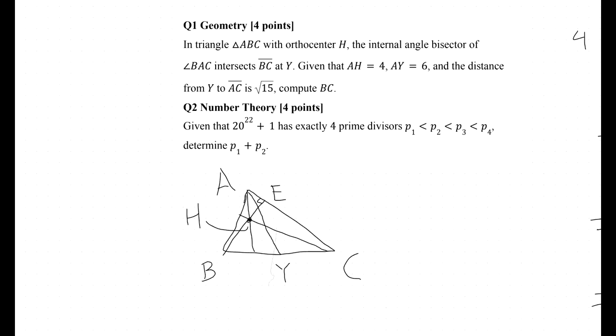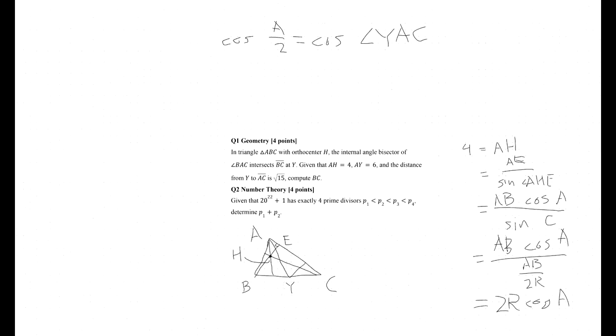Let's just say this is G. So we have YG equals square root of 15, because that was given here, and AY equals 6. So from the Pythagorean theorem, we have AG equals square root of 21. And now from right triangle AYG, we have cosine of YAC equals square root 21 over 6.